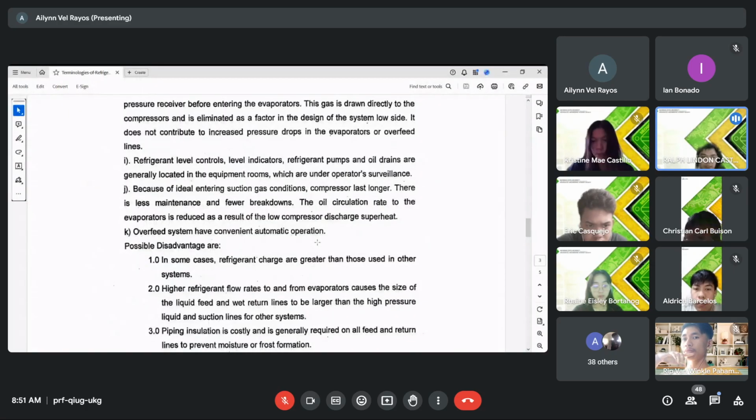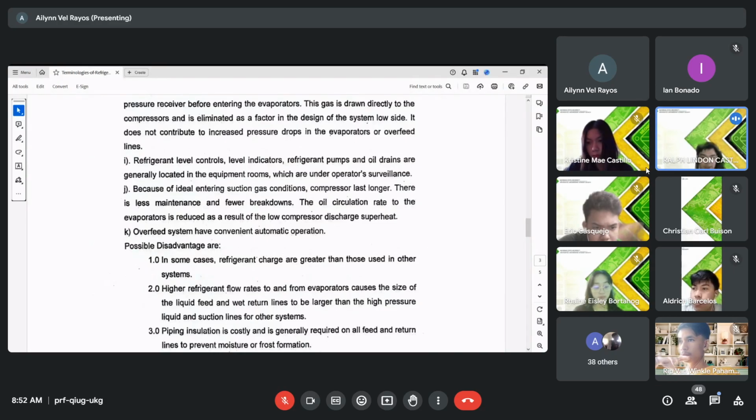I. Refrigerant level controls, level indicators, refrigerant pumps, and oil drains are generally located in the equipment rooms which are under operator surveillance. Letter J. Because of ideal entering suction gas conditions, compressors last longer.